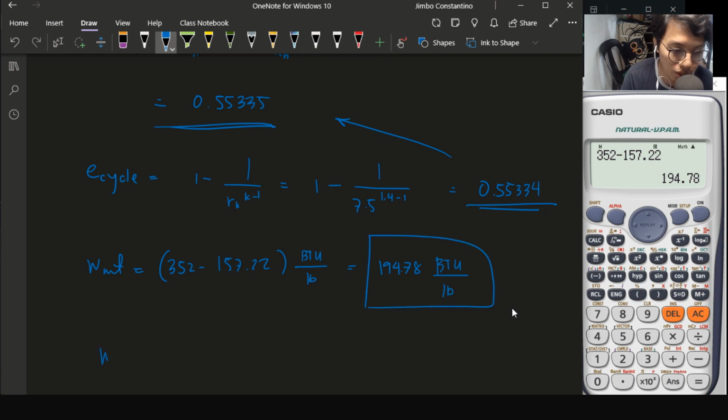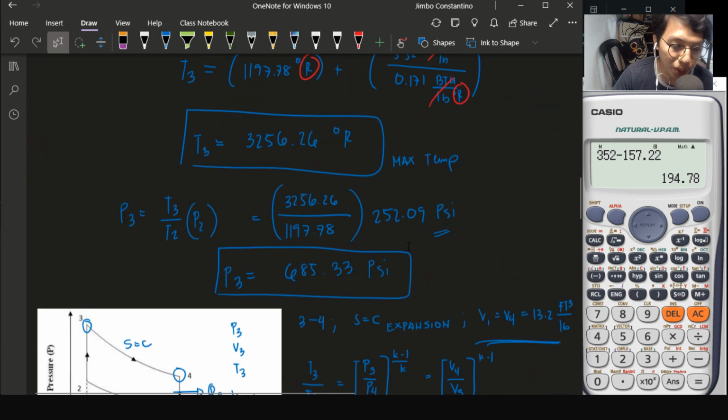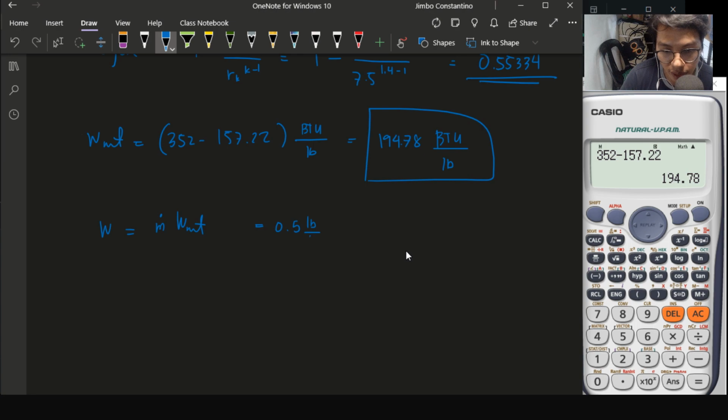Pag sinabing yung work talaga, the work is yung mass flow na binigay dyan, multiply to work net. Mass flow binigay dyan is 0.5 pound per second. 0.5 pound every second multiplied to 194.78 BTU per pound.